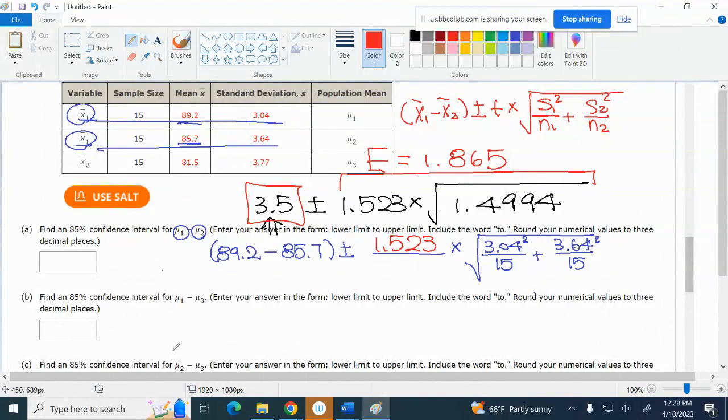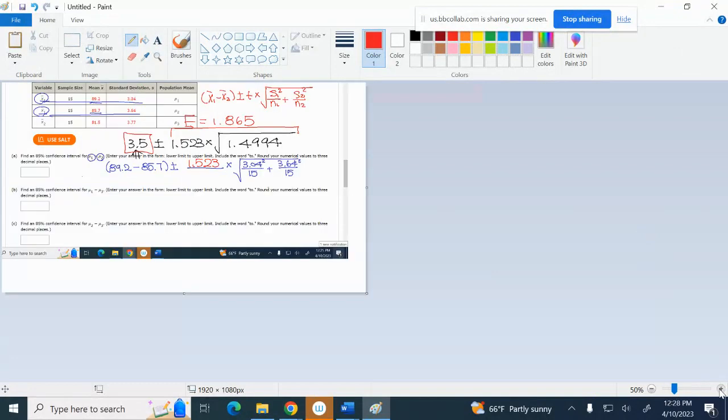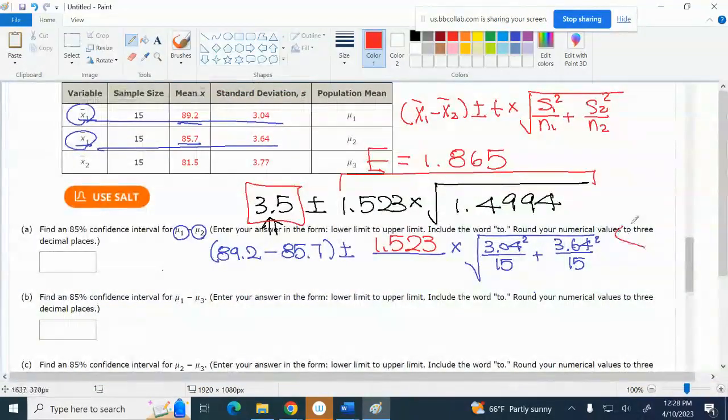How many decimals? 3 decimals, right? It's good. So let me take 1.635 to, let me take the sum, 5.365.